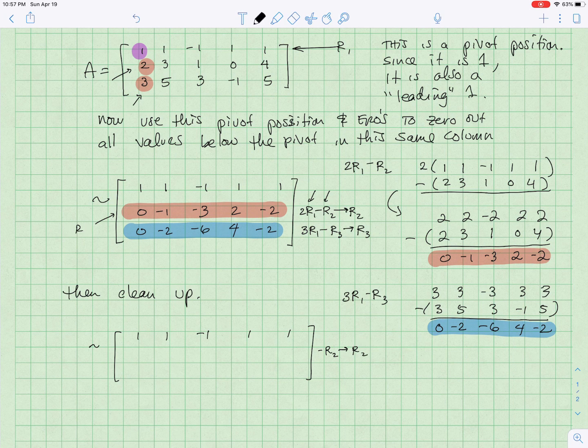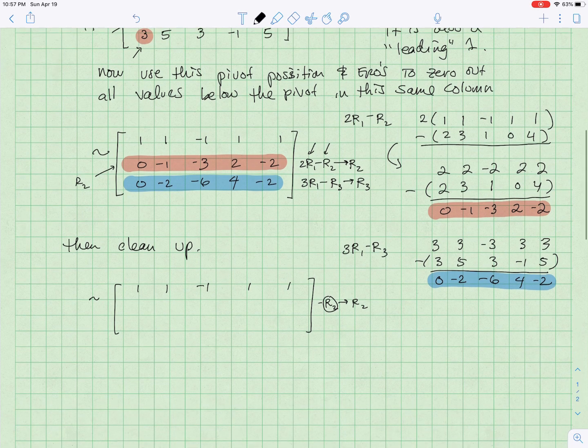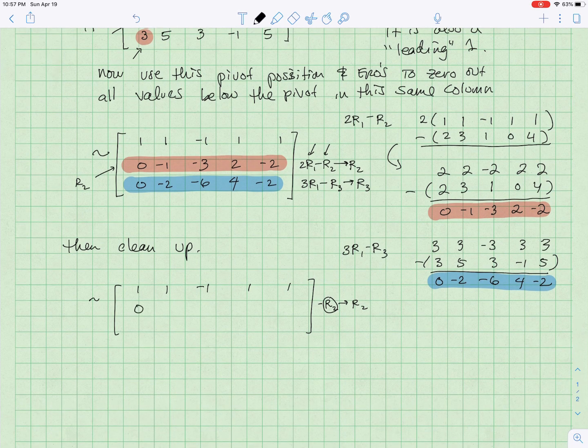I'm talking about this row 2 up here. Now, again, whenever I talk about this notation for EROs, I'm always referring to the matrix in the previous step. And so that's going to give me 0, 1, 3, negative 2, 2.